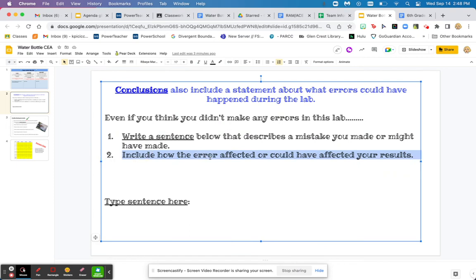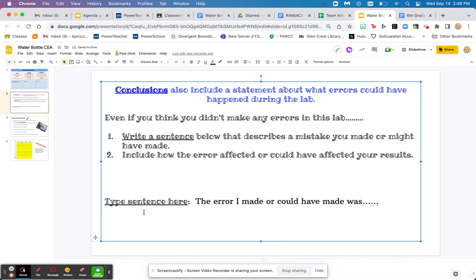You're going to include how the error affected or could have affected your results. So if you made a mistake that you didn't even realize, what do you think it affected in your results? Be specific. Okay. So you can start your sentence: the error I made or could have made was, and then continue with a full sentence.